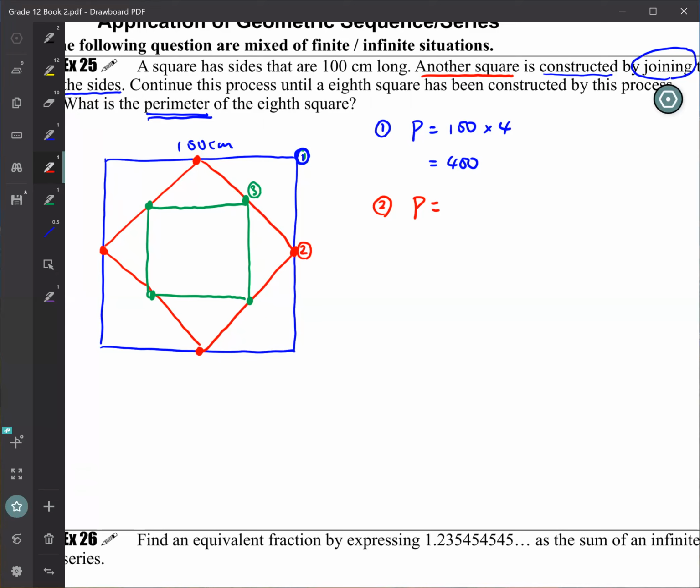What's the 50 for? One of the sides of the red one. So you are saying the red one is 50. Is that what you mean? Oh, wait. No. Okay.